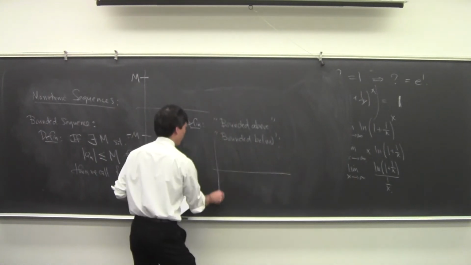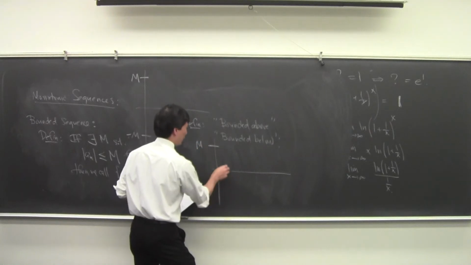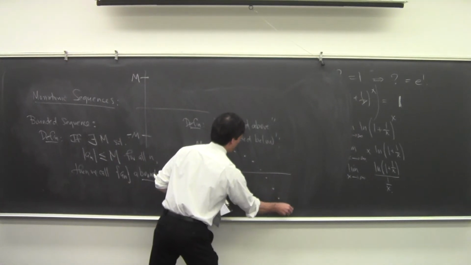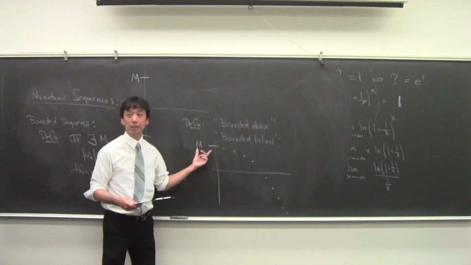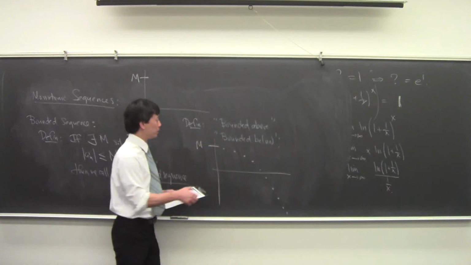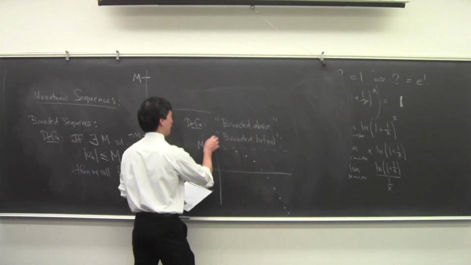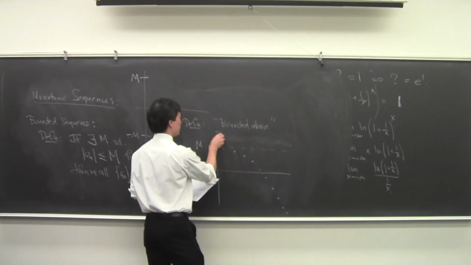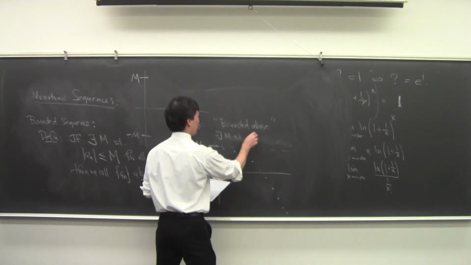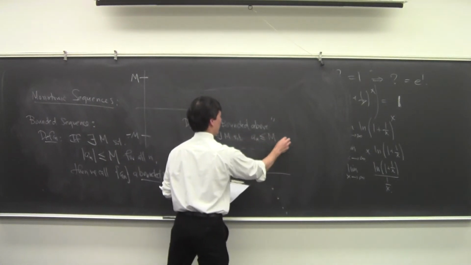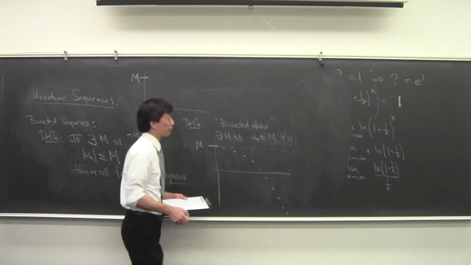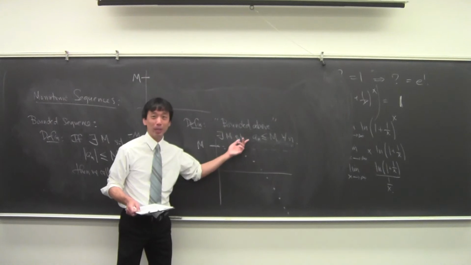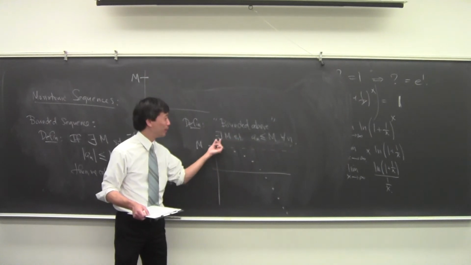So bounded above would mean that there is some upper number m, and all your values are below that m. So this is bounded above. There exists m such that a sub n is less than m for all n. Now I'm starting to pile on the mathematical symbolism, but I hope you can read it.